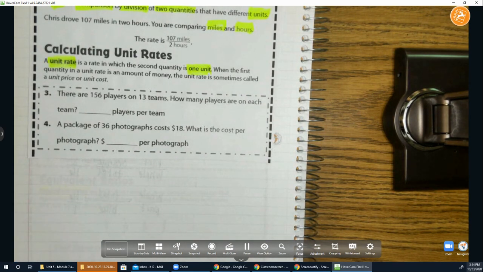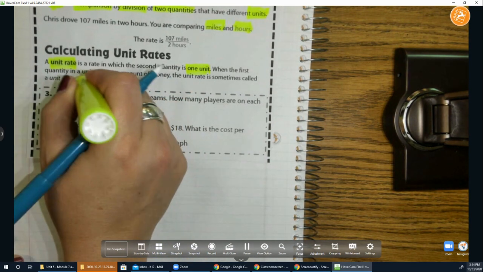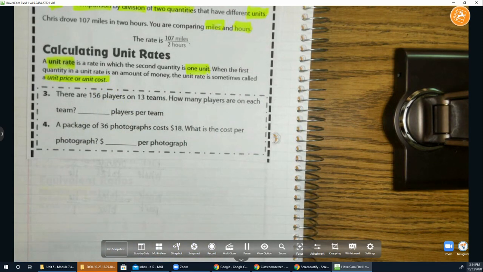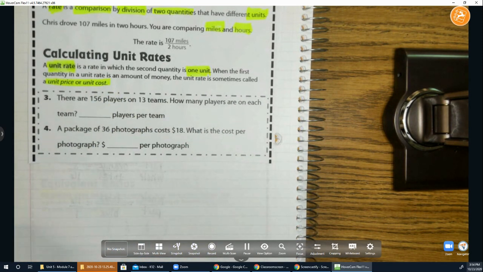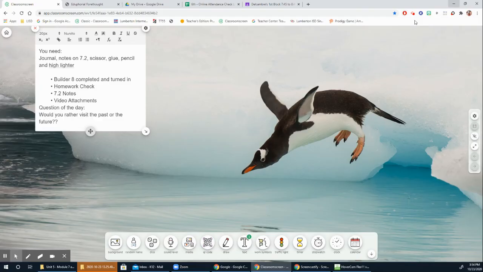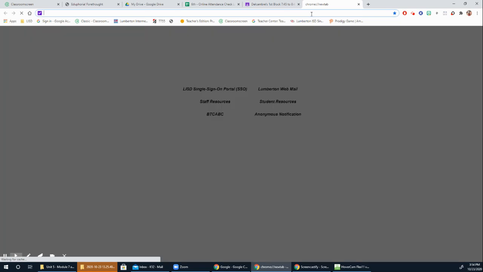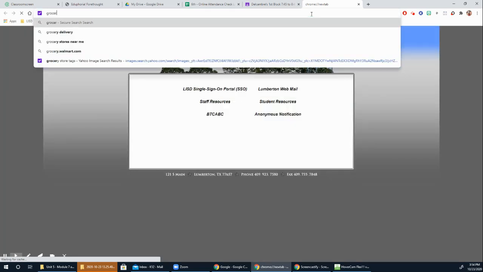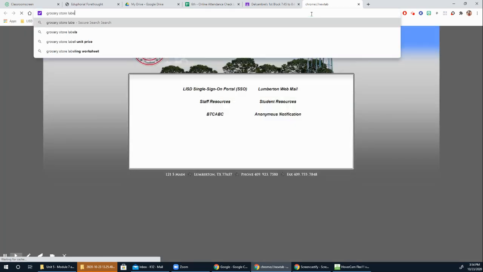So again, when you're dealing with money, it's called the unit price or the unit cost. If you go to the grocery store, I'm going to see if I can go back real quick to show you. And you go to the grocery store and you look at the labels. So grocery store labels, unit price.